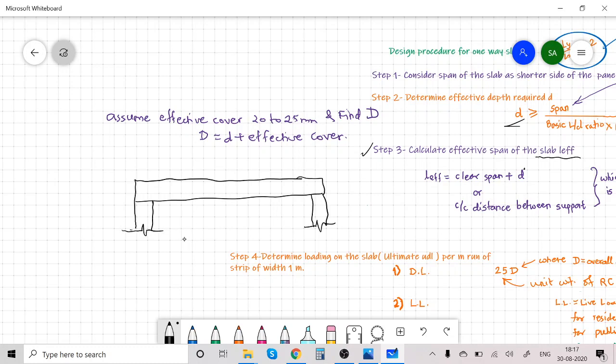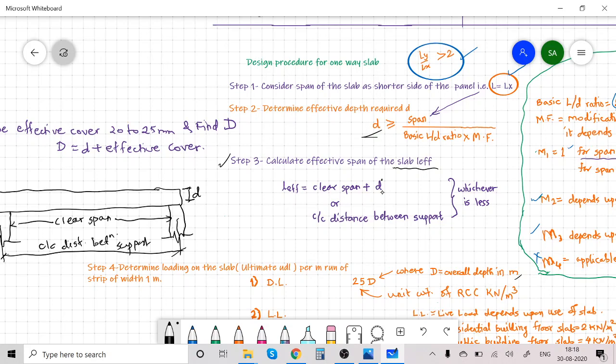This we consider as clear span, and this is the center to center distance between supports, whereas the effective depth is from top to the center of reinforcement, small d. So how will you calculate the effective span? L effective is equal to clear span plus d or center to center distance between the supports, whichever is less.